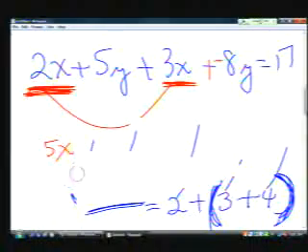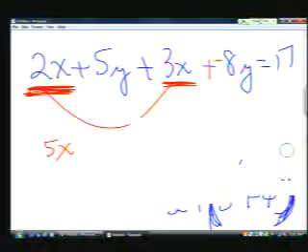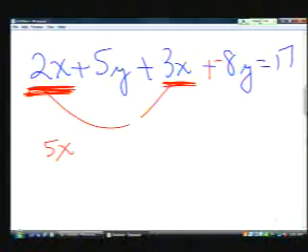Well, when we get our like terms together, we take 2x plus 3x, and we get 5x. Then we get our like terms together of 5y and a minus 8y. The reason I changed that to plus a negative 8y is, like I said, now we don't have to worry about the associative property, we don't have to worry about commutative, because we don't have to worry about subtraction.